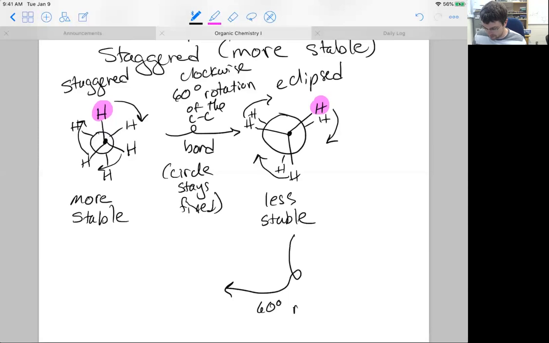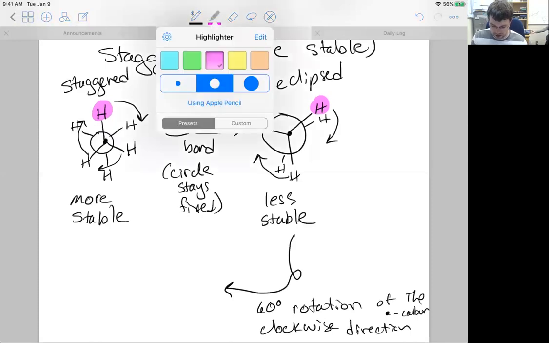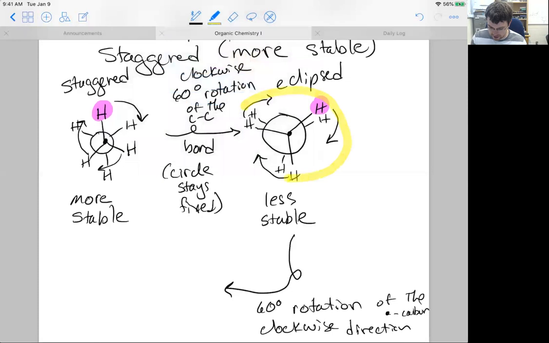This is a 60-degree rotation, and it's clockwise, and it's really of the dot carbon in the clockwise direction. My arrows show that though in the structure above, where I'm spinning this way around. Okay, so I'm rotating 60 degrees.